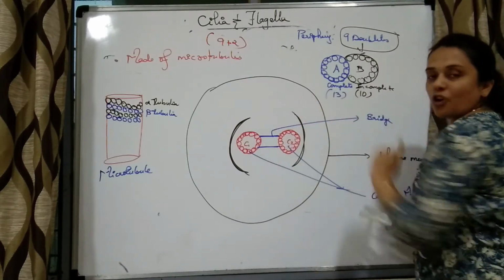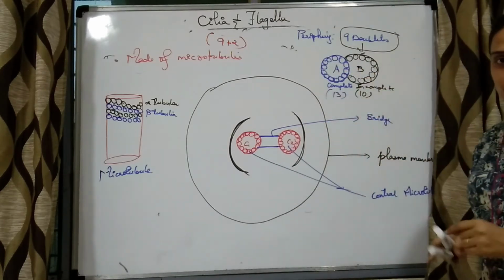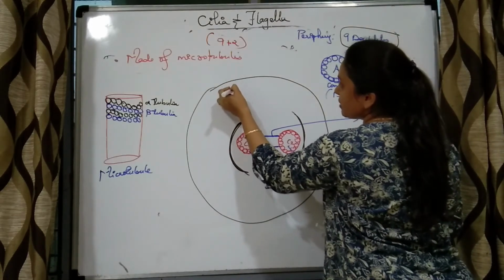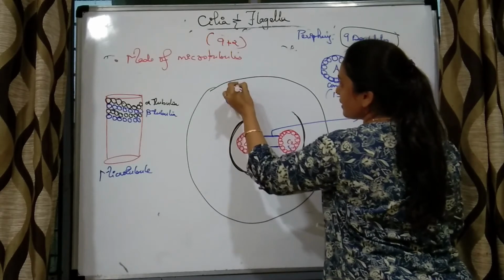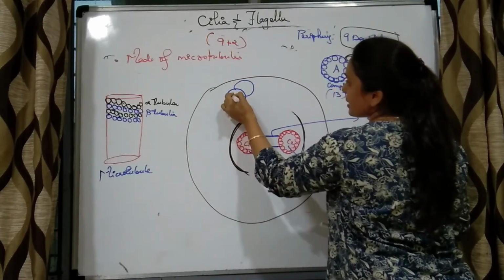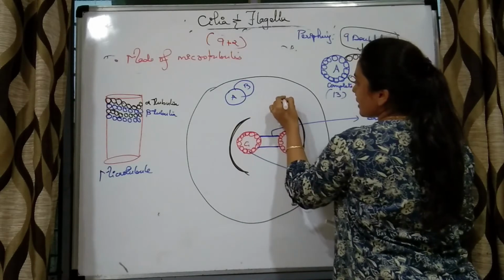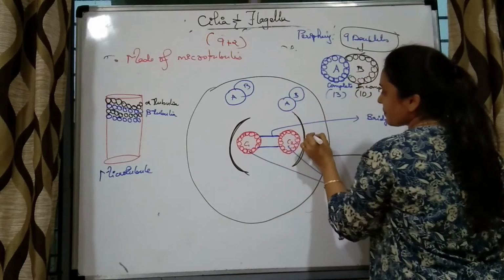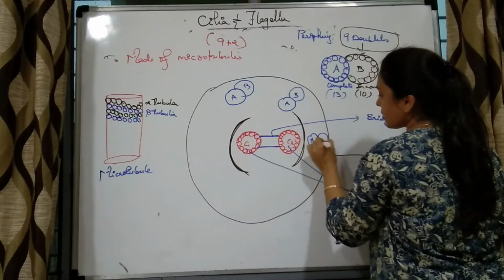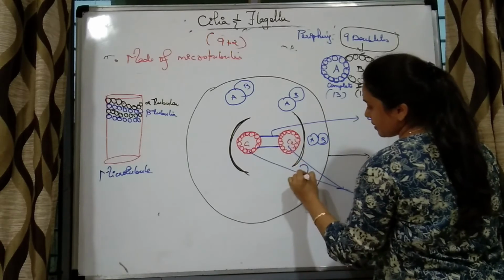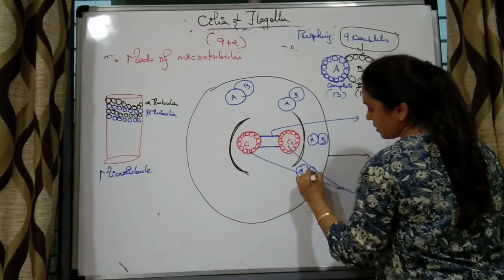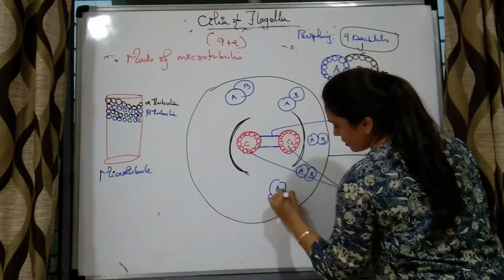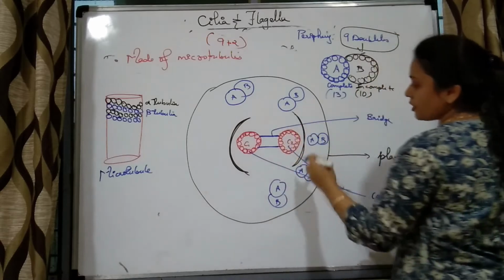So, I will simply draw it. I am not going to draw the inside tubules, right? So, let me draw it. This is 1, this is A, and this is B. A, B. Again, A and B. Again, A, B. A, B. 1, 2, 3, 4, 5.